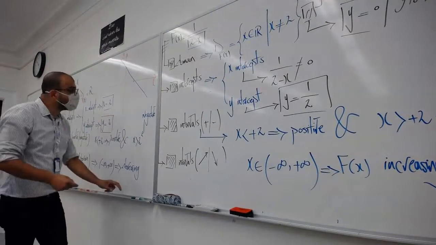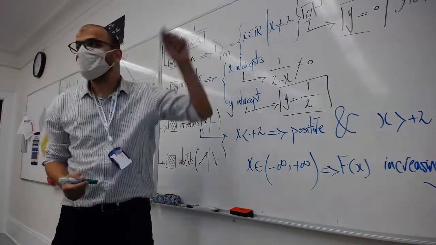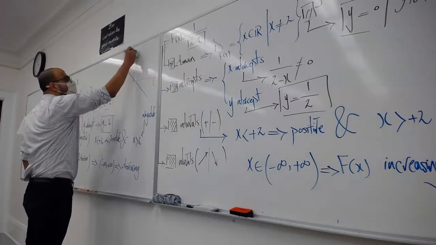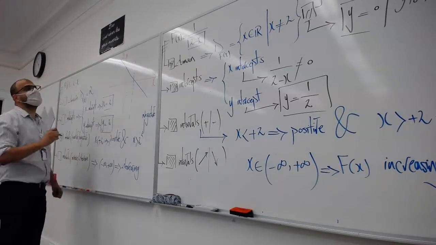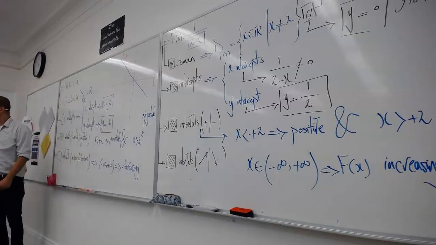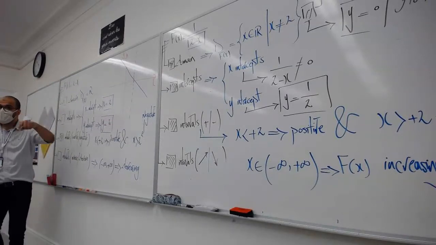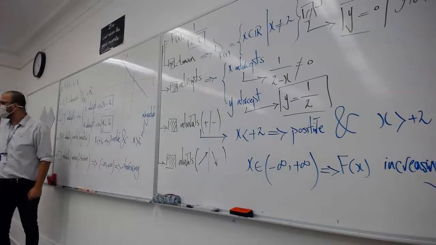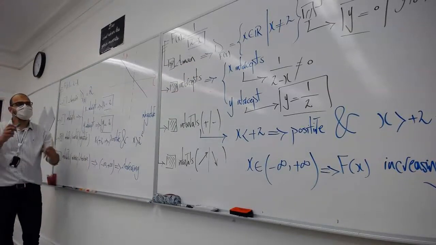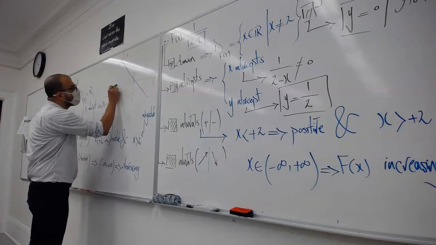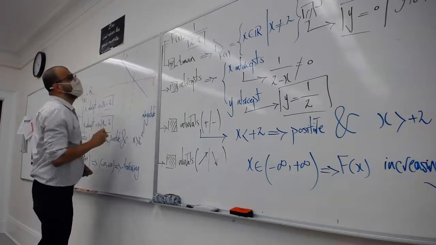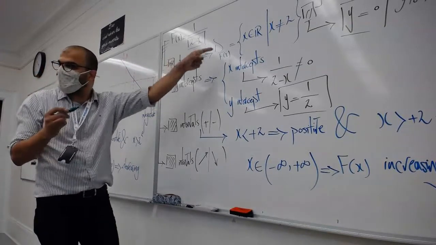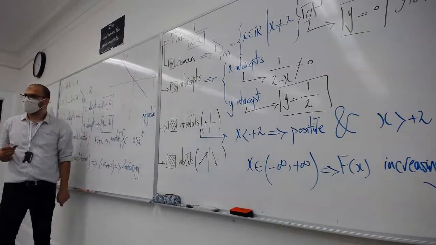What is the first asymptote? x equals 2. It means that this is my first asymptote. The second asymptote is y equals 0. y equals 0, incidentally, is the x-axis. These are my asymptotes. That was step number 1, which I showed on my plot.